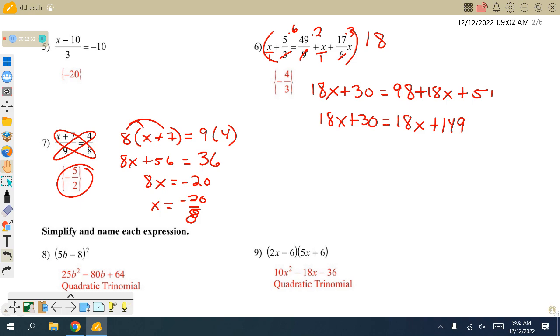Oh, I forgot the x, so that does not work. I combined 98 and 51. I should not have done that because 51 should have an x on it, and that's not a like term. So my bad, I forgot the x there. Don't do that. The 98 does not combine with anything, but the 18x and 51x should, because those both have the x's. And what's that give us?